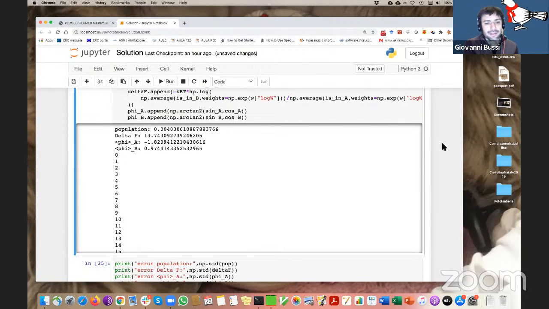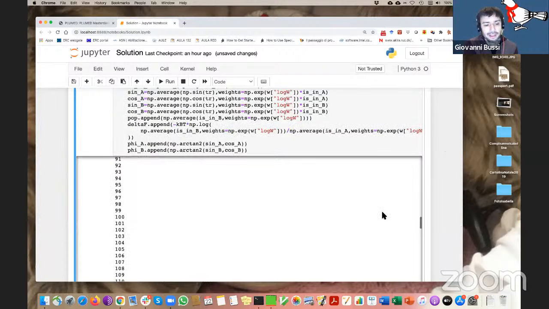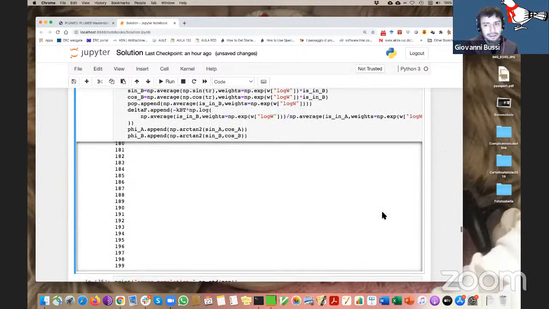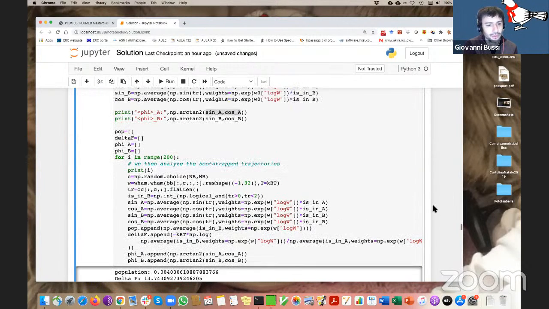Okay, so let's see now what's happening. I'm waiting for the bootstrap to end. It's over now, great. How is this bootstrap analysis working? What I do is I pick 200 samples from my trajectory.